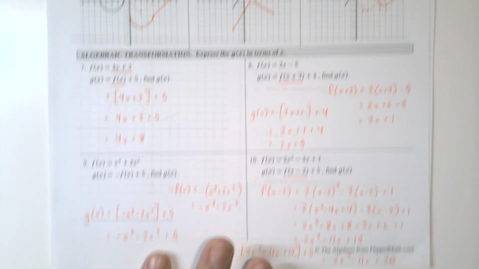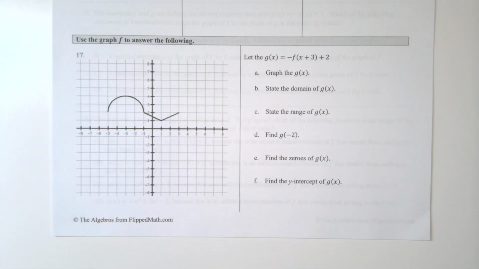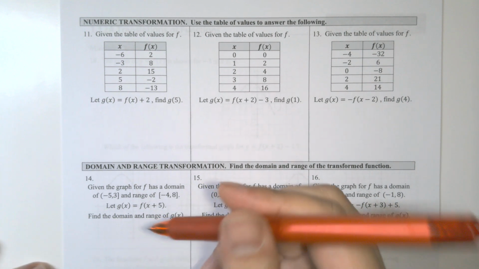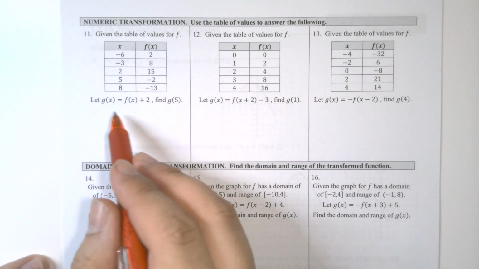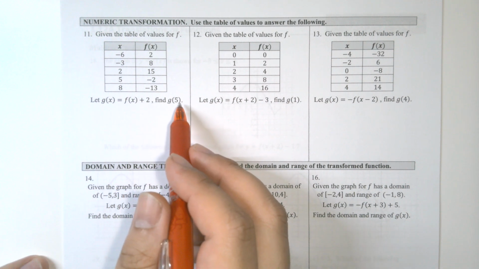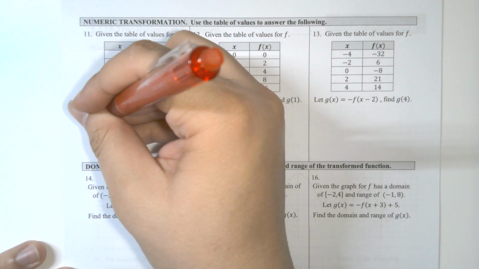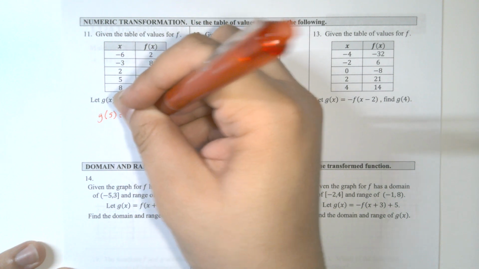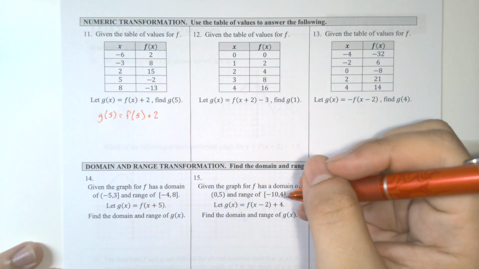Okay, so let's move on to the next page. So for the next page, starting at number 11, we have a table of values, and we want to find g of 5. So first, let's just note that we're already given that g of x is equal to f of x plus 2. So if we find g of 5, this is just going to be g of 5 is equal to f of 5 plus 2.